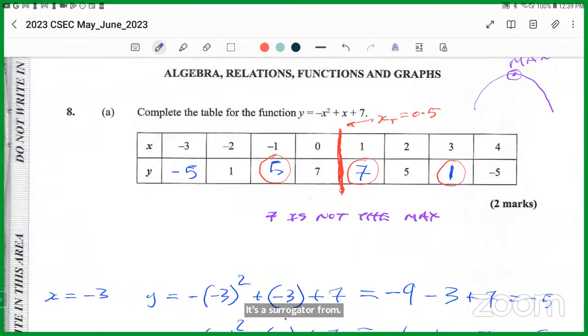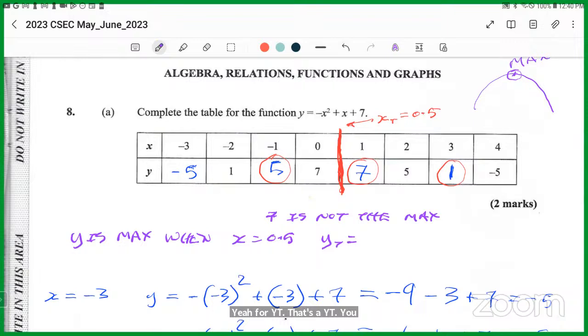So we're going to say y is maximum when x is equal to 0.5. Therefore, the maximum value of y is equal to, we're going to plug the 0.5 into this function.